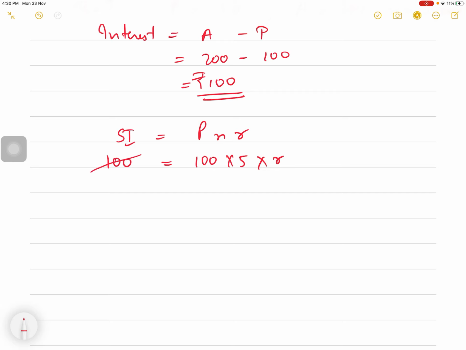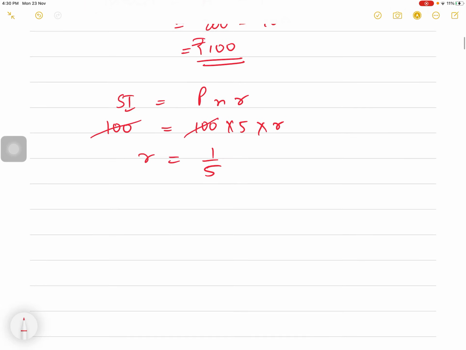So 100 you can cancel. So r is equal to 1 by 5, correct? Which is equal to 0.20 or 20%.